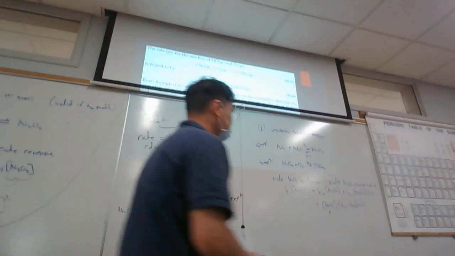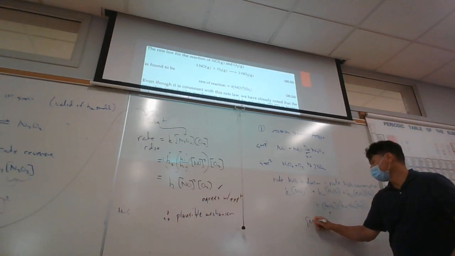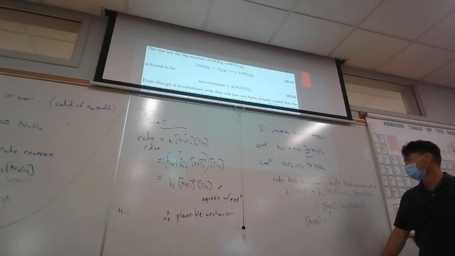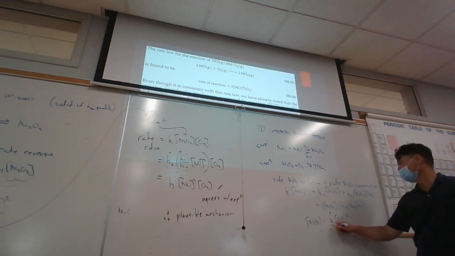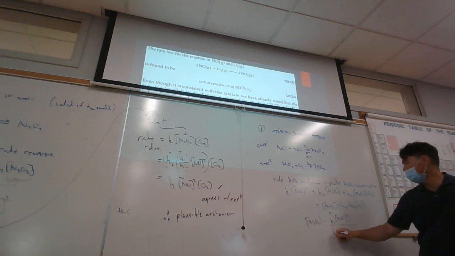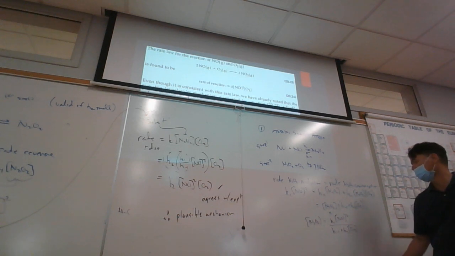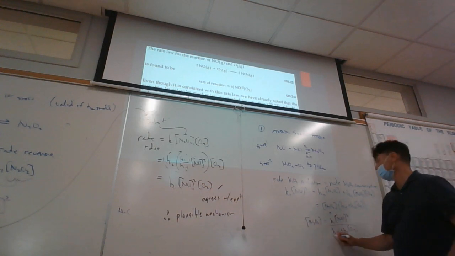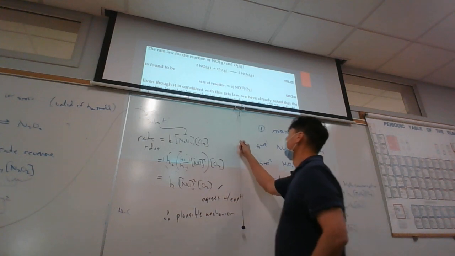When we solve for the N2O2, we get that the N2O2 is equal to K1 NO squared divided by K minus 1 plus K2 O2. Then we substitute it back here.